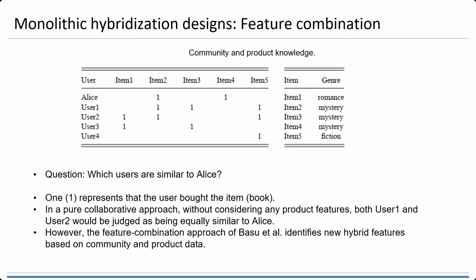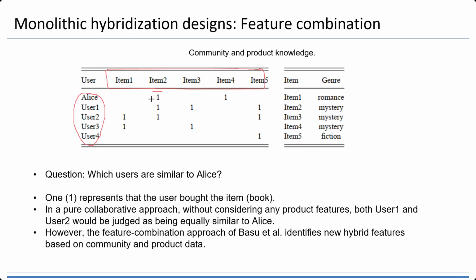So for example, we can have community knowledge and product knowledge. The community knowledge means I have the information about which users buy which items.